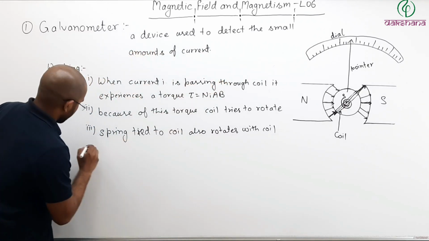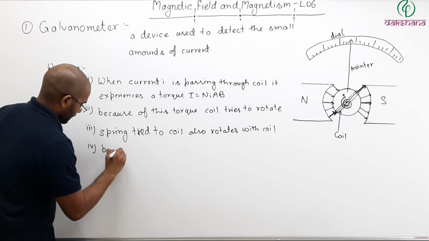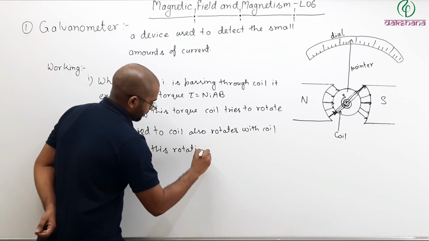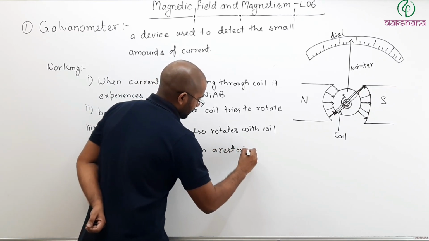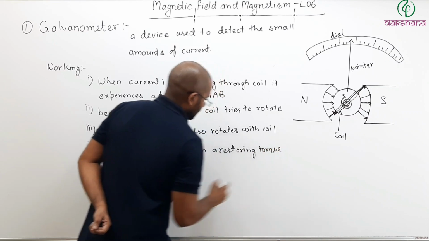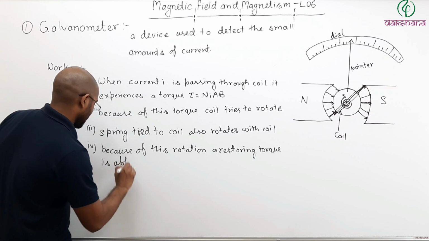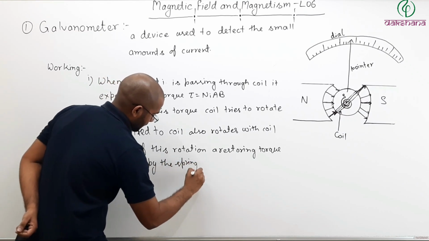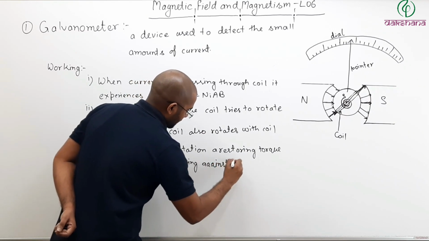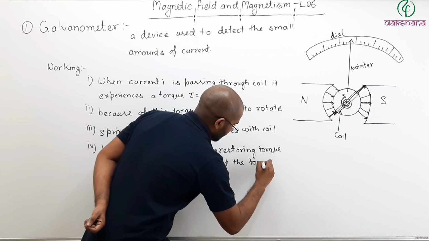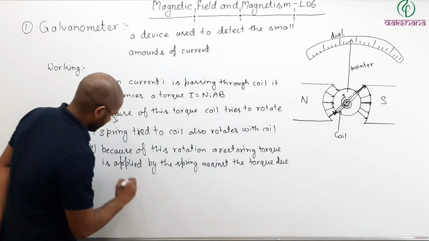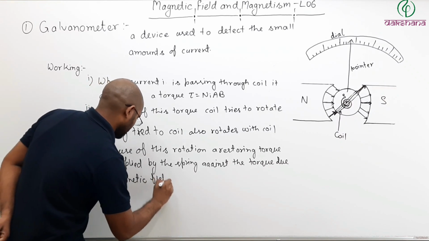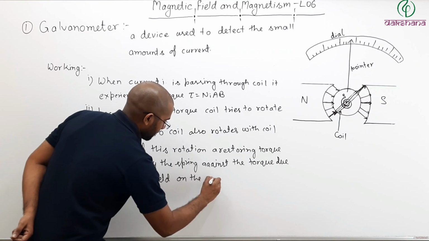So fourth, because of this rotation, a restoring torque is applied by the spring against the torque due to the magnetic field on the coil.